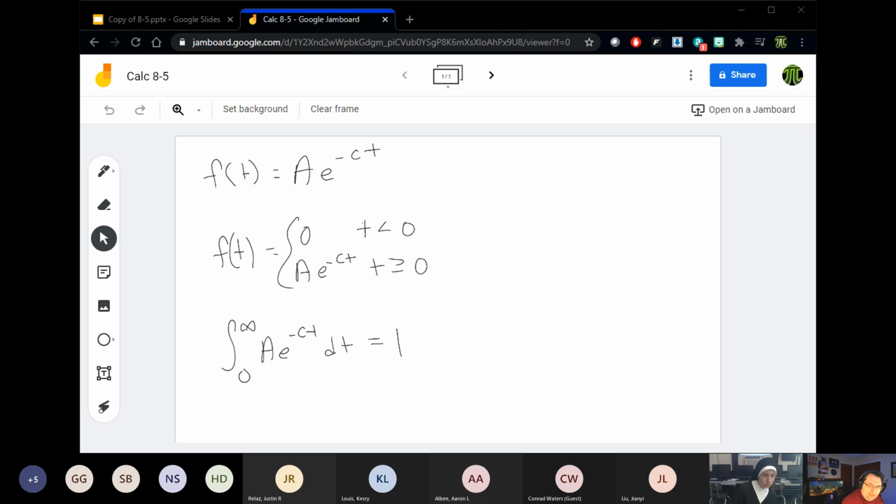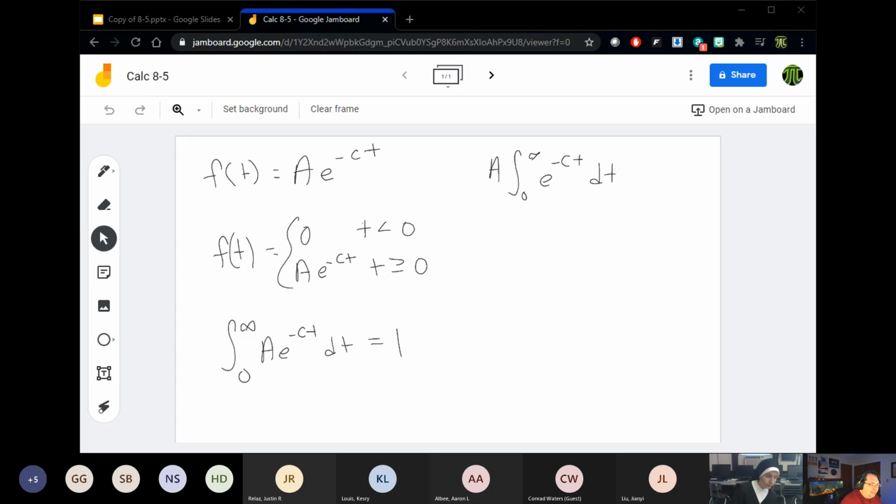So if I do the integral, the a can come out because that's a constant. And then I have e to the negative ct dt. To do this integration, we could just do a simple u substitution.